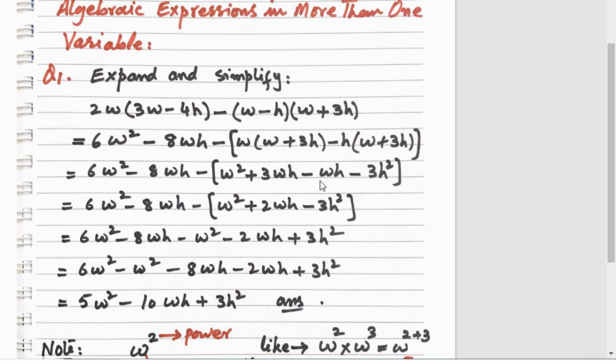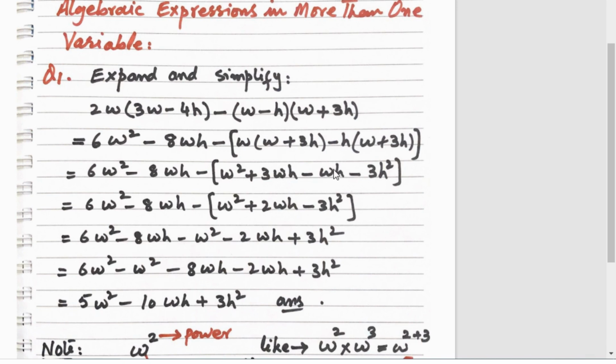Right now it is enough for you to understand that when we write wh or hw, these terms commute, meaning they obey the commutative law of multiplication.